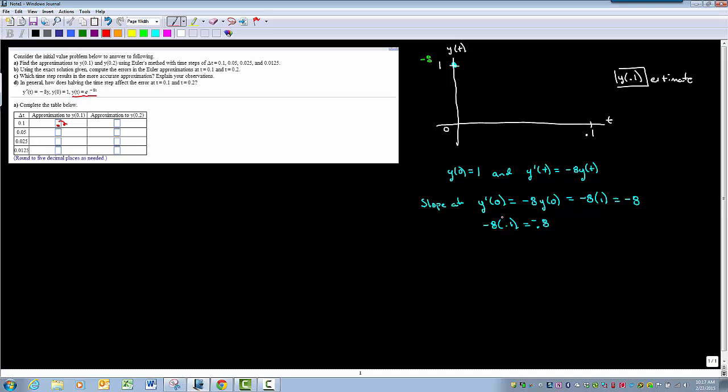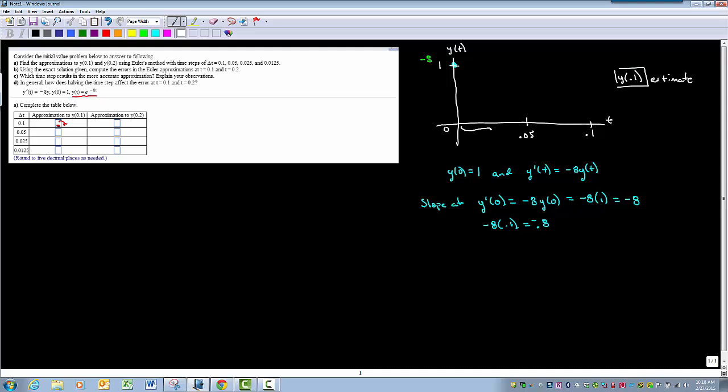Now we're going to change our t value by 0.05. I want to subdivide this with a change value of 0.05. Well, 0.05 falls in there twice. So this goes out to 0.05.